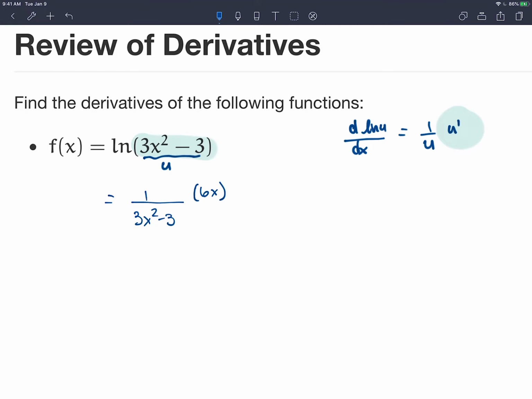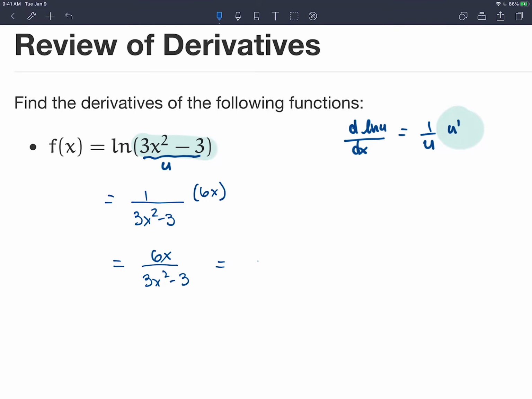But of course, the final answer should be something like you put the 6x on the top, you put the 3x squared minus 3 on the bottom. And if this is a problem from a book, or you have an answer key, probably it would not show up like this, and you would factor a 3 from the top. Sorry, I said a 3 and I wrote a 2.